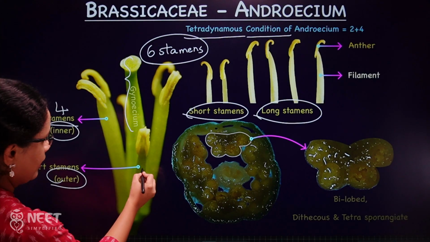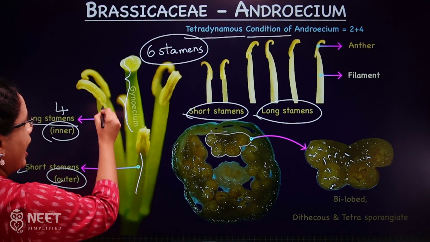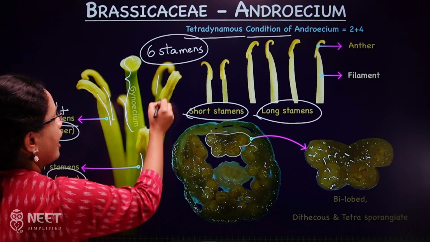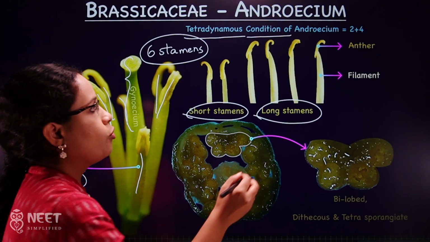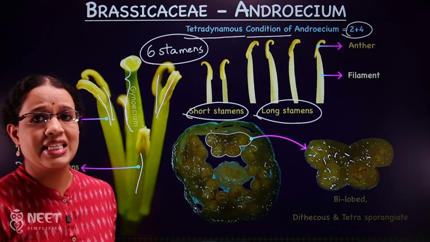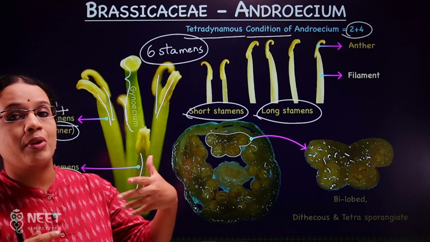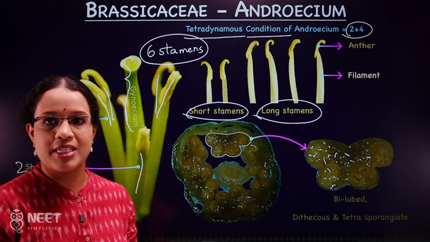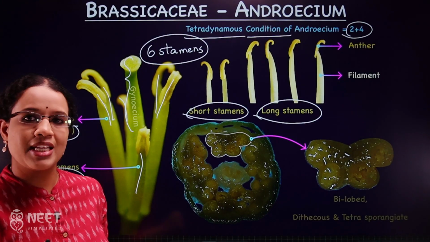As you can see very clearly here, the short stamens are towards the outside, and the long ones are towards the inside. Hence, we have the arrangement called 2 plus 4, which is called tetradynamous arrangement. In case it is 2 plus 2, then it is didynamous condition. If it is 2 plus 4, it is tetradynamous condition.